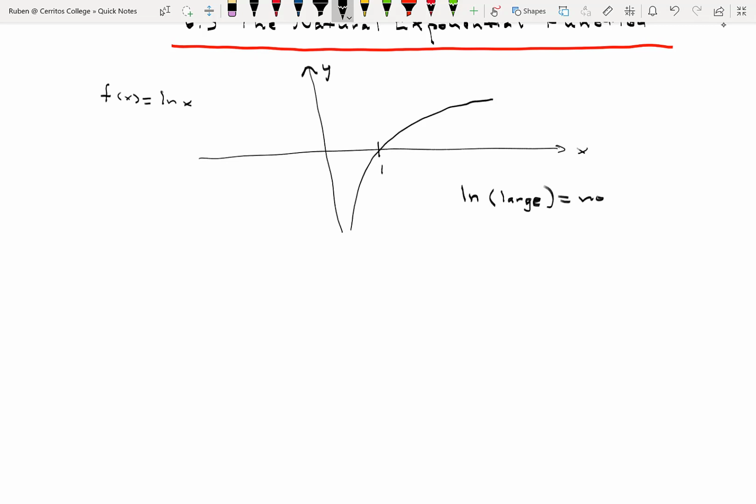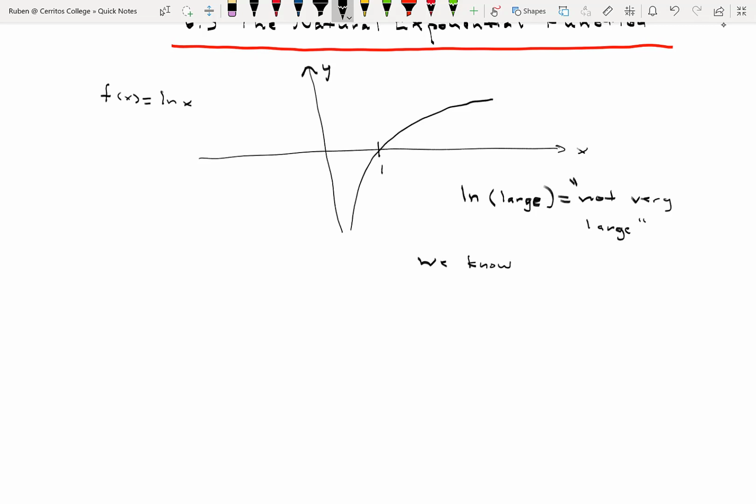I'm going to put that in quotes because it kind of violates something about the natural logarithm, that the natural logarithm does get very large eventually.